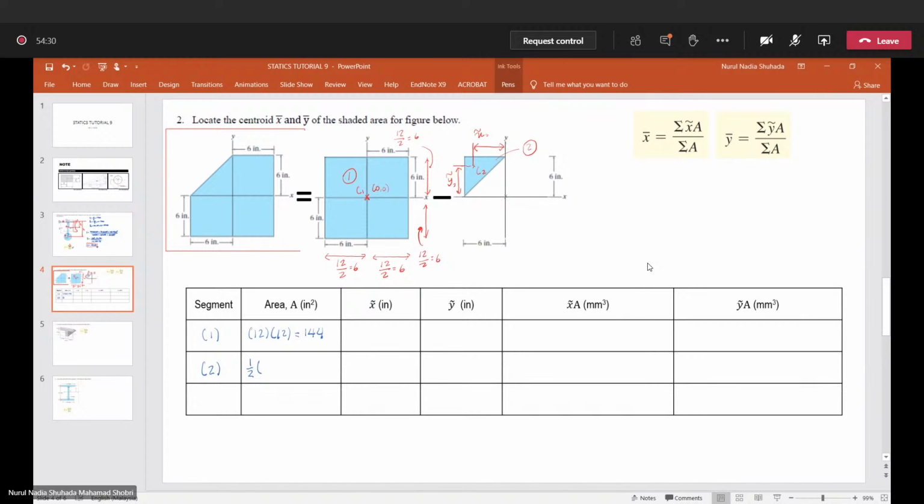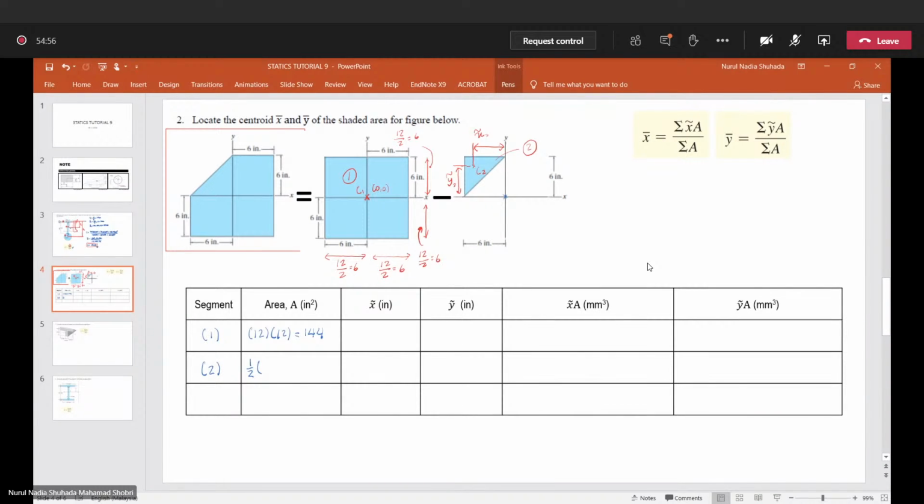So the calculation of the area of the triangle must be with respect to here, which means that whether it is positive or negative is important. For the rectangle here, the center is at the center, so you can just directly do 12 times 12 to get the total area.